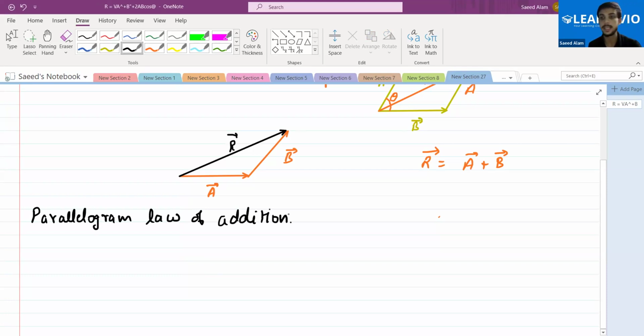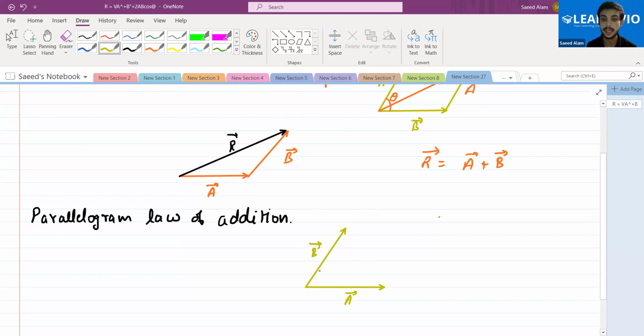What does the parallelogram law of addition say? It says that you just need the two vectors to be kept like that, with the tails of the two vectors coinciding, somewhat like this. Okay, understood? If this is A and this is B, just this orientation is required.